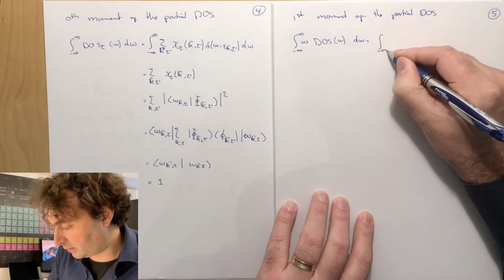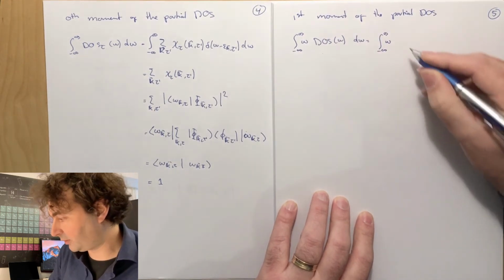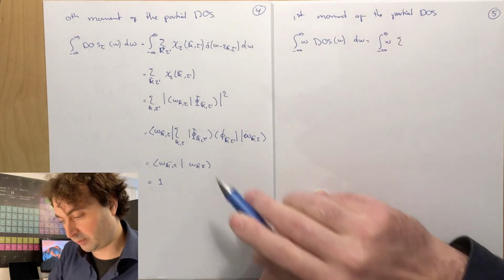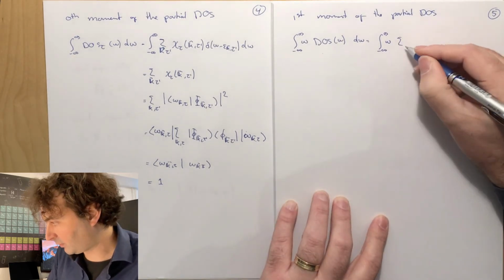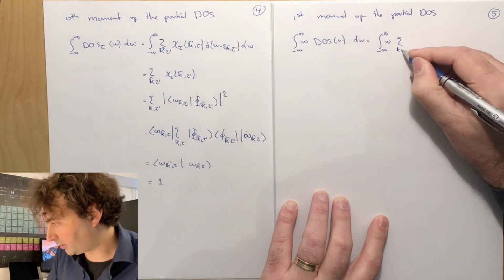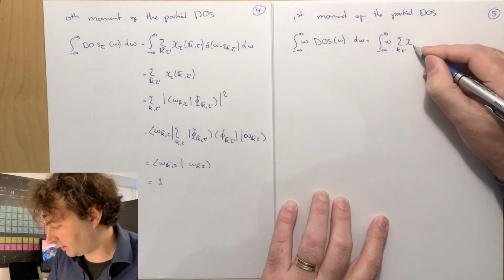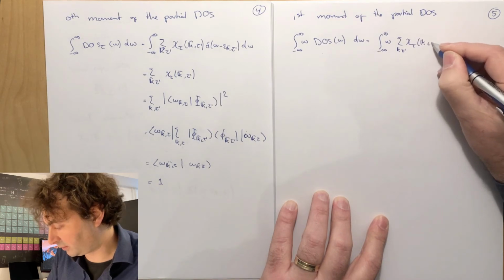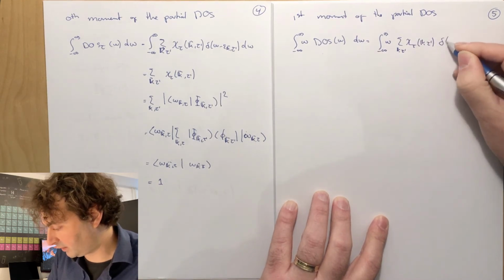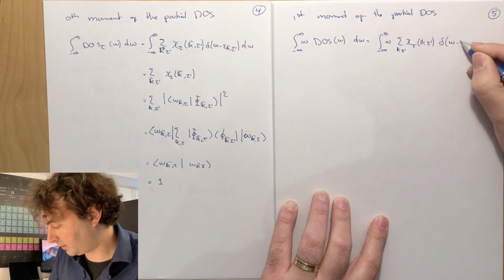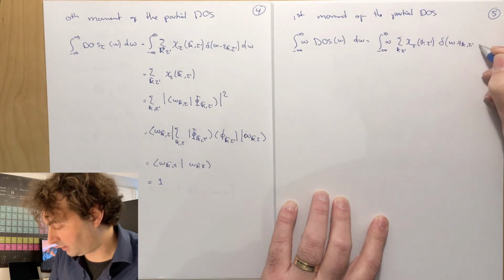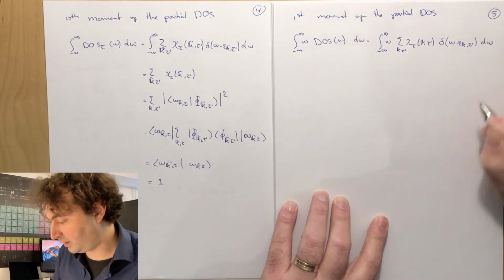This is the integral from minus infinity to infinity of omega, and we fill in the definition again: a sum over all wave vectors tau prime, chi t at wave vector tau prime, delta of omega minus epsilon k tau prime, d omega.